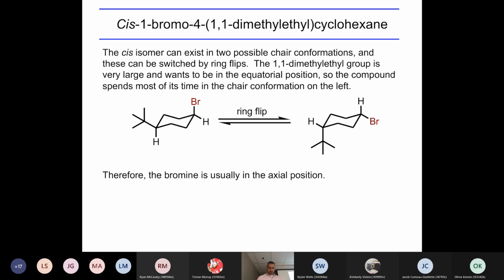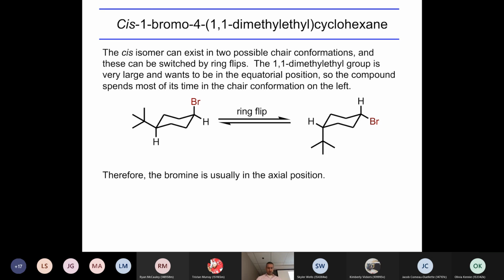So what happens? Let's take the cis 1-bromo-4-tert-butylcyclohexane. Tert-butyl is a big group, right? When we see tert-butyl, we've seen it a number of times, we think size. It's big. There's two possible ring-flipped forms for this molecule, which are drawn here, which you can all draw very well since you've learned how to do this in Unit 4.